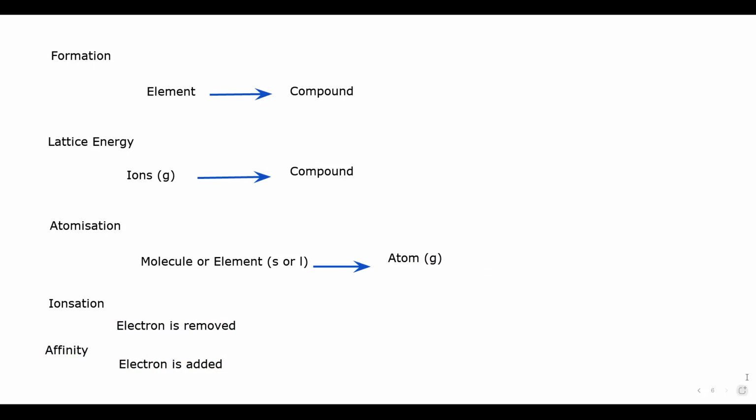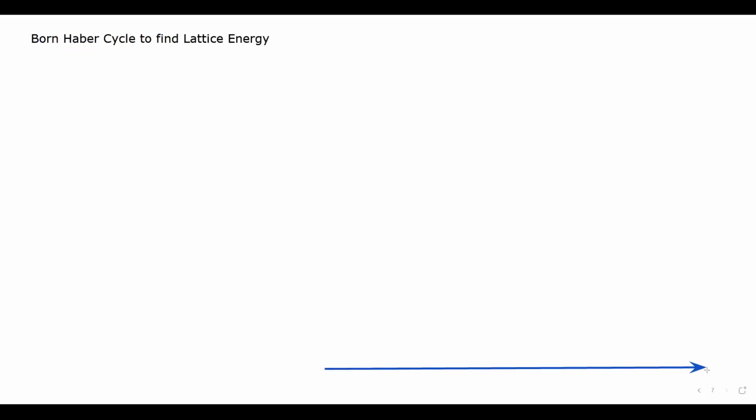So what is a Born-Haber cycle? It's just a way to find the lattice energy. So you basically have to learn these labels. If you learn the labels, then there's no issue with the Born-Haber cycle.